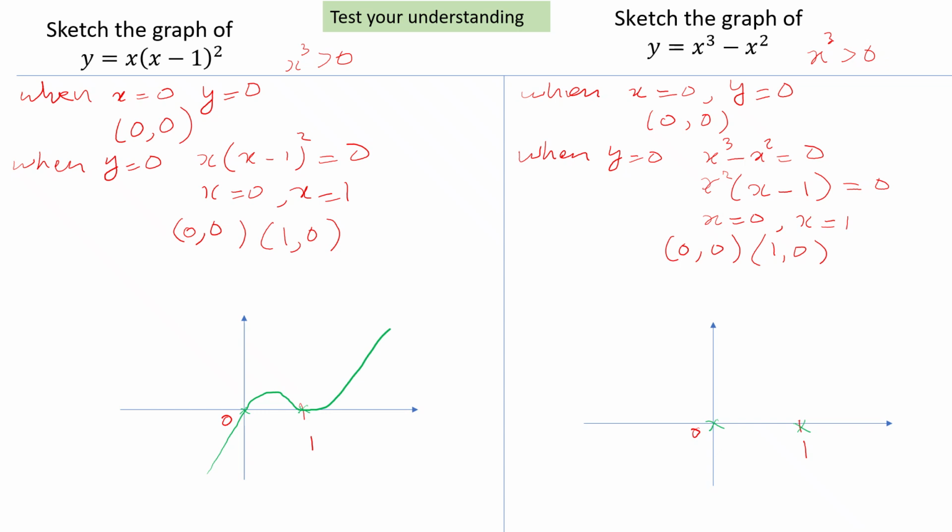Here same roots. Now the graph starts from the bottom left hand corner. And at x equal 0, they are same roots. So this starts from here. Goes like this way.